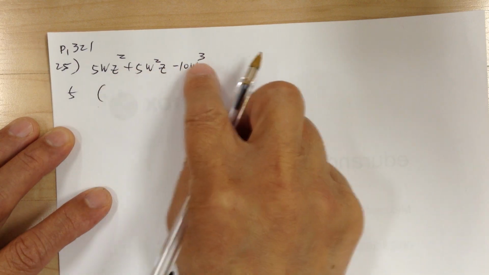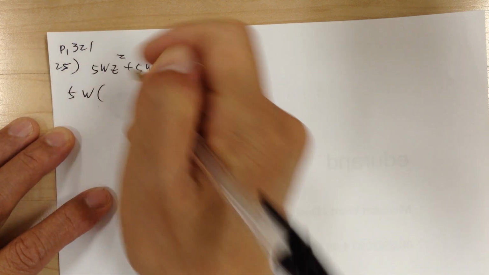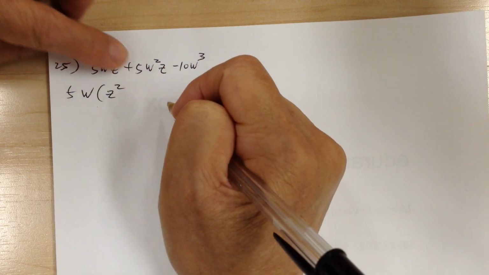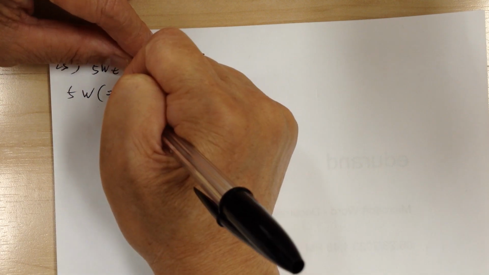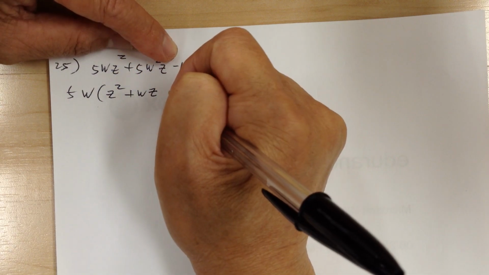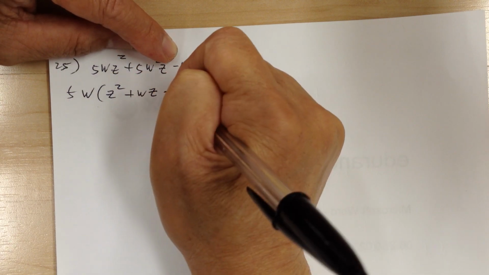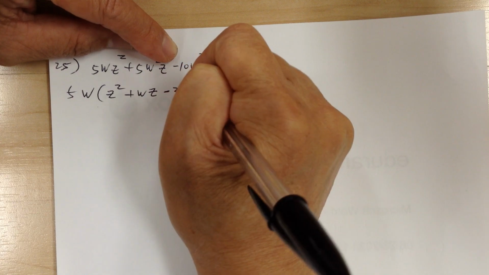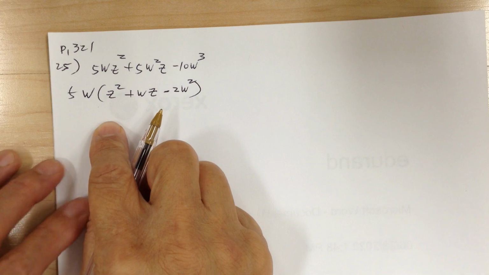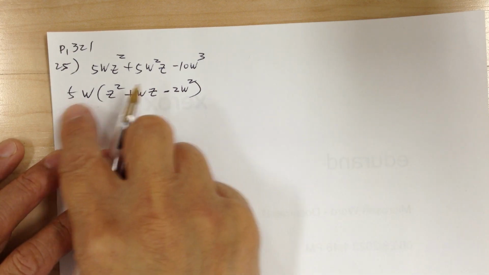And I have w, w, w in all of this, so I can factor the w. This one I get z squared. This one, the 5w factored out, I get plus wz. This one I get minus 2w squared. So that's your step 1.